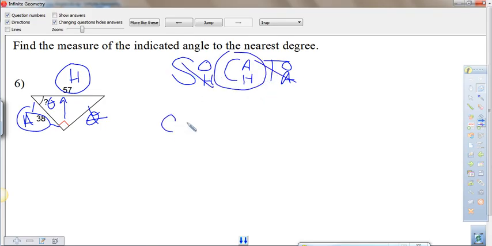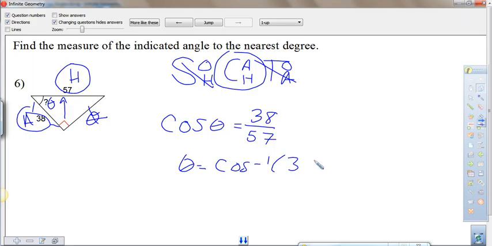So we are going to do the cosine of theta equals the adjacent over the hypotenuse. So theta equals the cosine inverse of 38 over 57. So you should get 48 degrees.